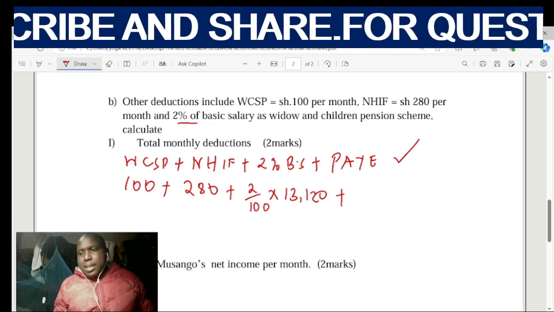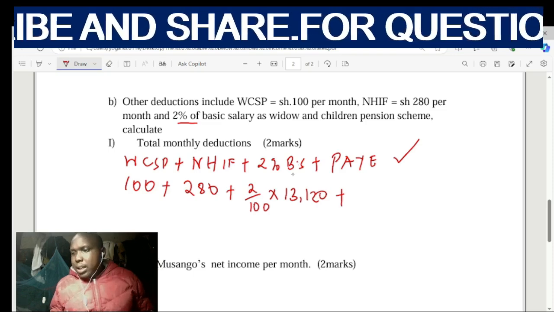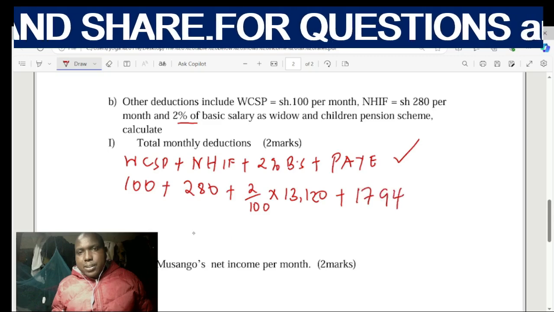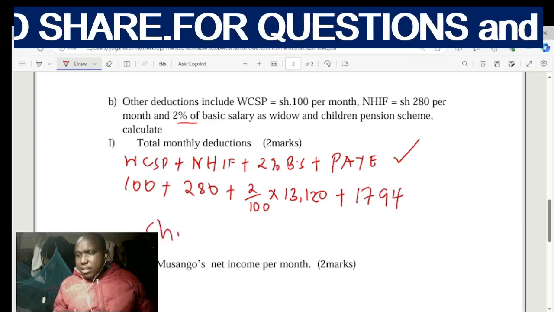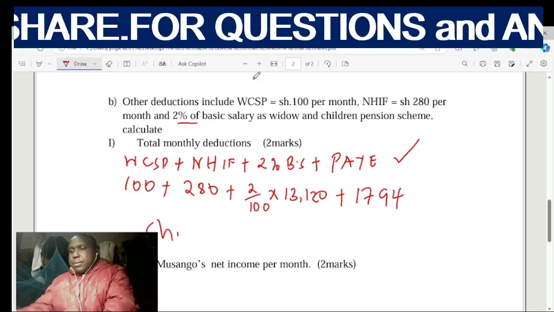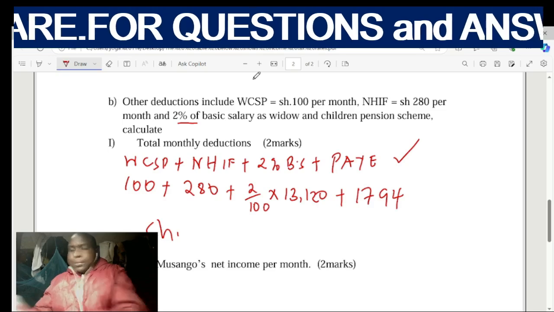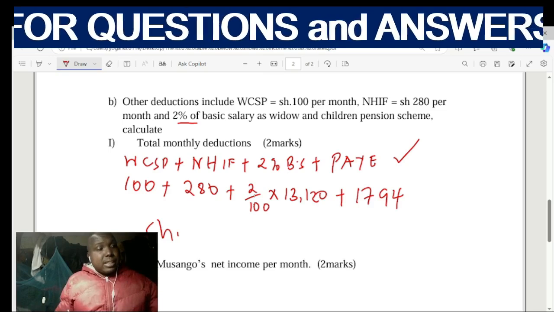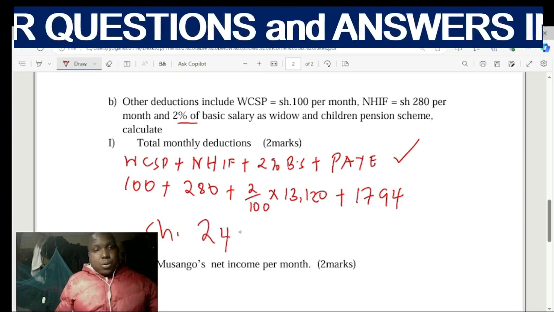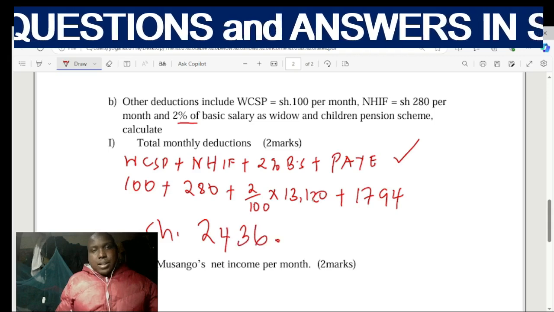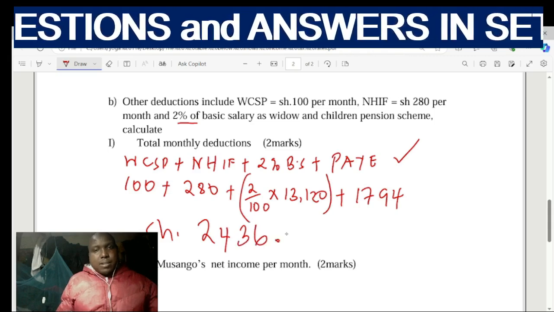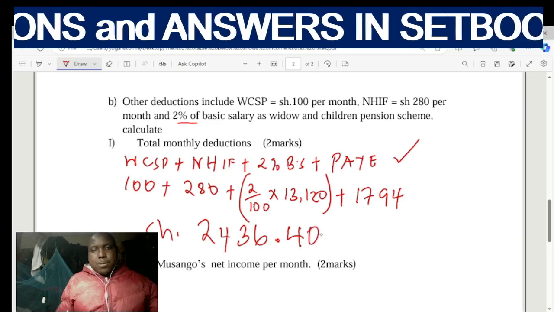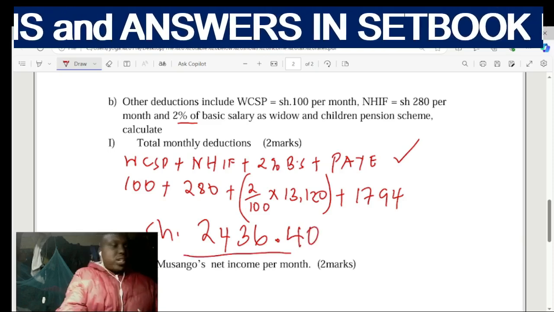Our pay tumepata hapa ilikuwa 1794. So now total deductions will be Kenya shillings 2,436.4. That is the total deductions.